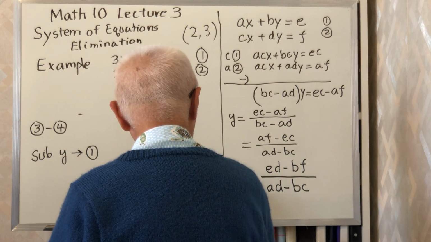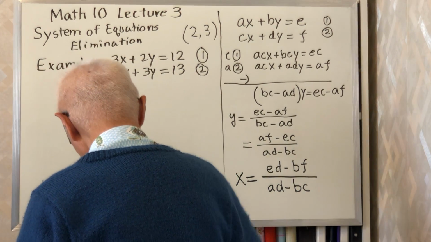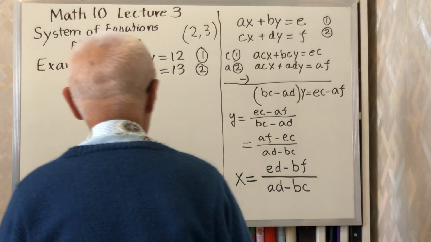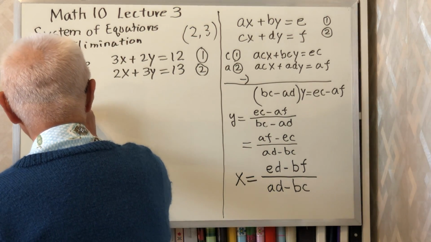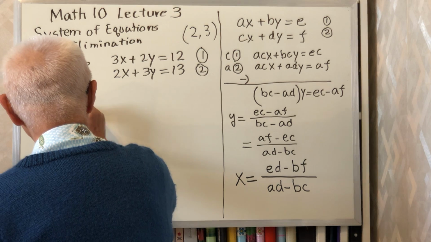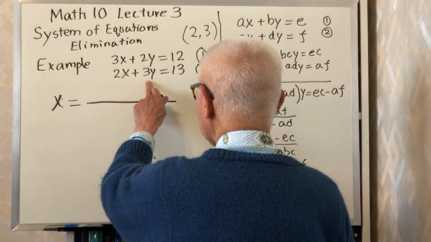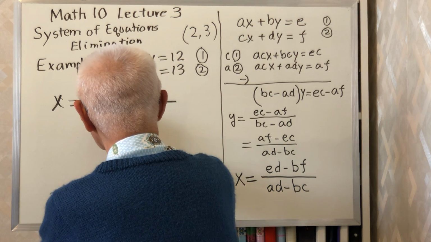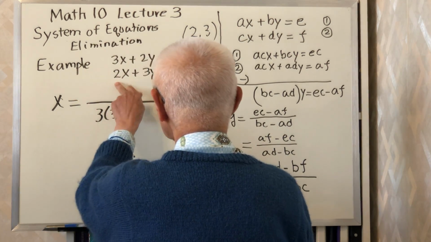Of course, you expect the same result, right? All right. What is x? X is this times that, minus this times that.